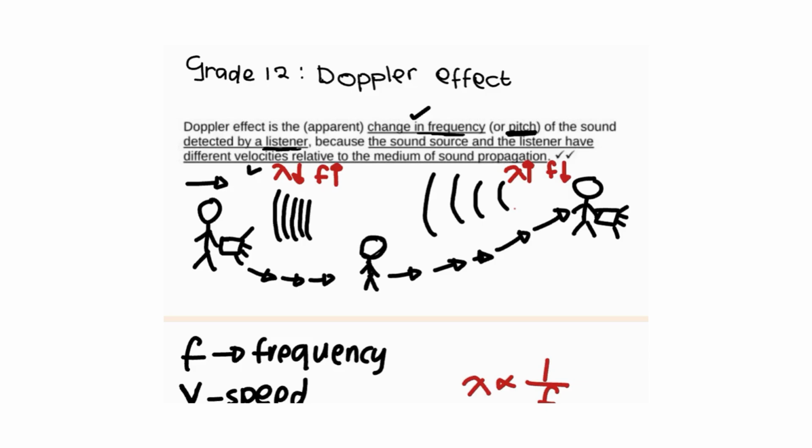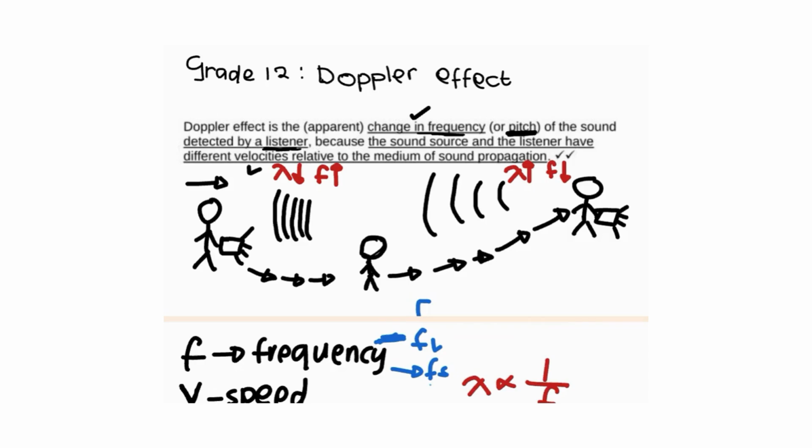And if you think about it now, we are going to introduce two other parameters, not really two. Under frequency, we do have the frequency of the listener and the frequency of the source. The frequency of the listener is what you hear from the sound source. The frequency of the source is what the sound source is emitting.